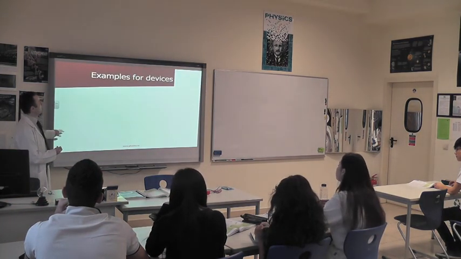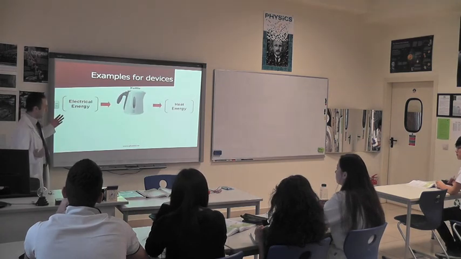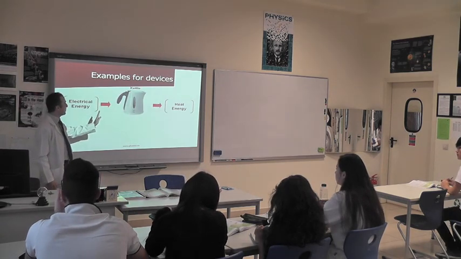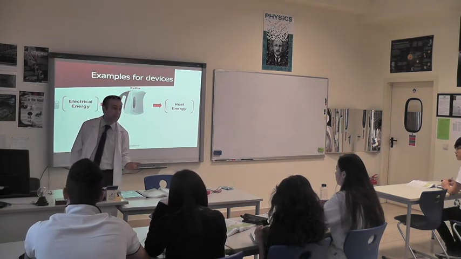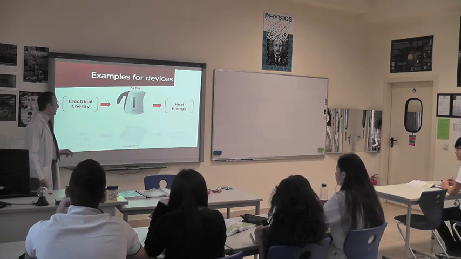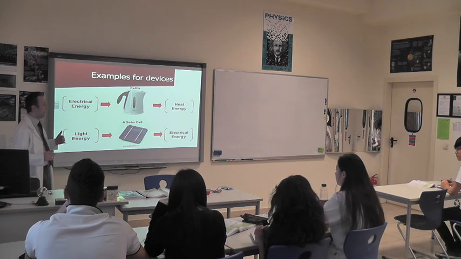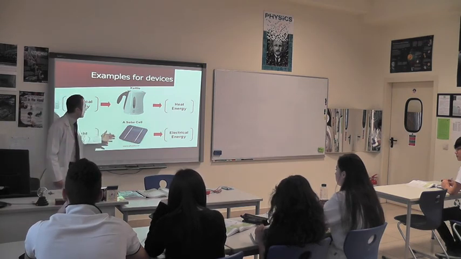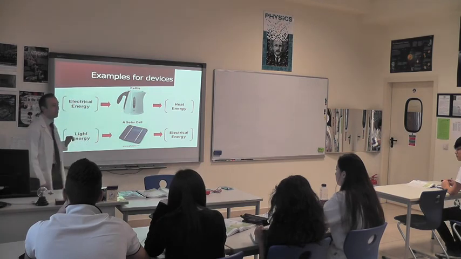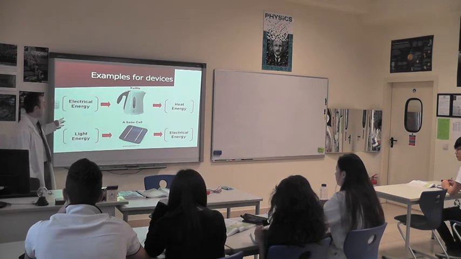I want to just show you two simple examples, like electrical energy converted into heat energy when you are using a kettle, an electric device. Or when you have a solar cell, a photovoltaic cell, it changes light energy into electric energy. These are examples of electric devices.